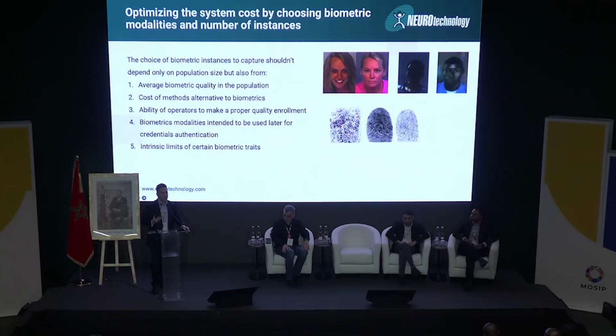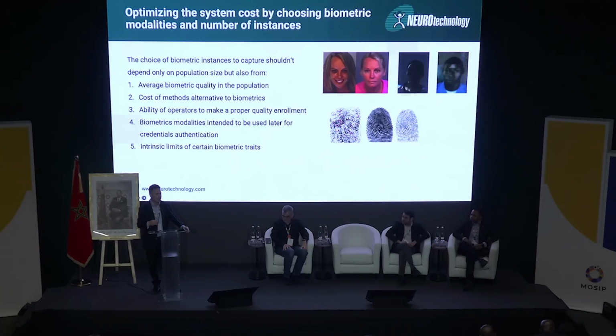Also, of course, we should look at the average quality of the biometrics for the population where we are operating. We should look at the demographic characteristics. If, for example, we look at including the full population, or only a part of the population, like could be the case of a voting card. And also, which are the cost alternatives to biometrics.